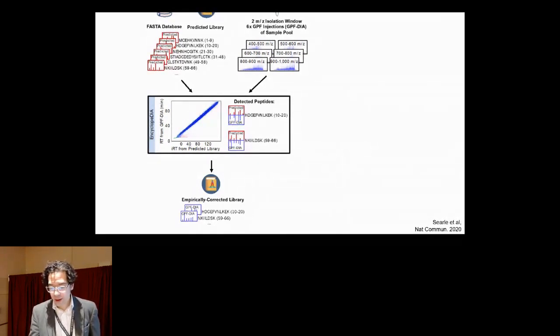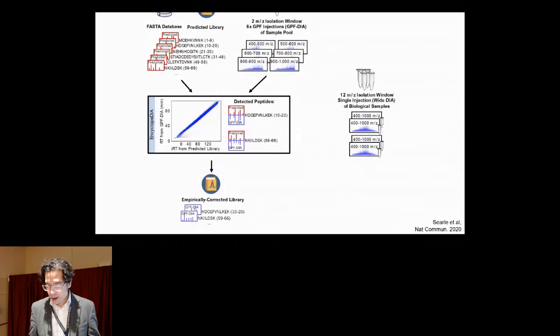So we'll take those gas phase DIA fragmentation patterns and the actual retention times for the peptides that we detect, and we'll stick those into a library, and it's limited in scope, so it's only the peptides that have been detected in that pool of samples from your experiment. And then from this, we'll take all of our quantitative samples, which we'll measure in individual normal DIA runs, and then match them up.